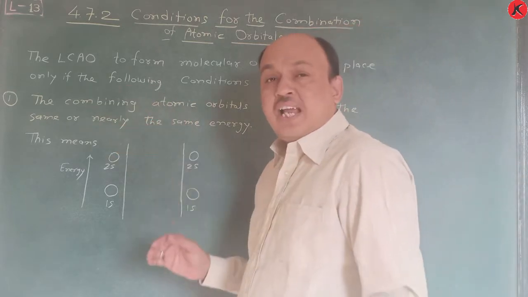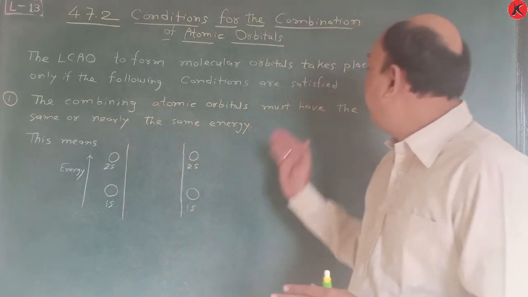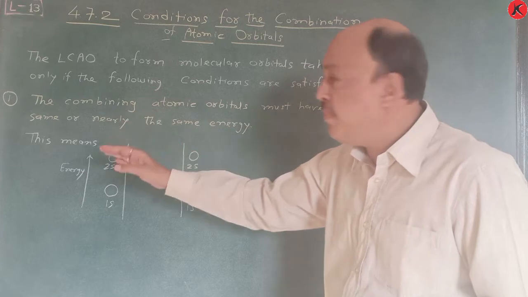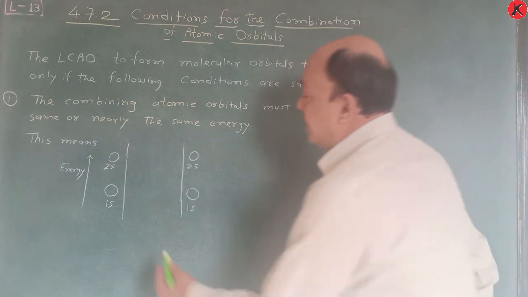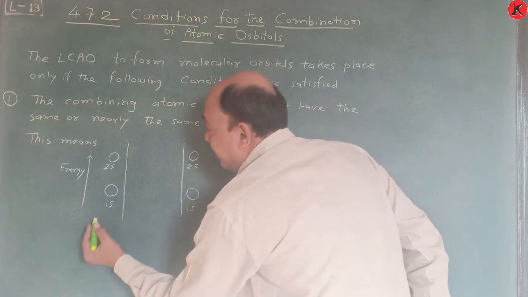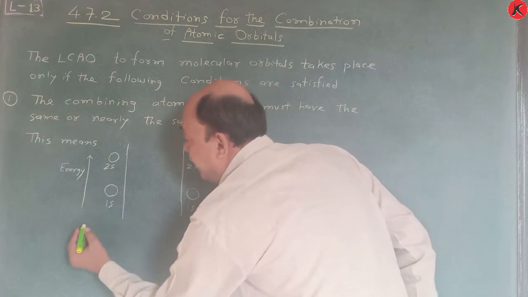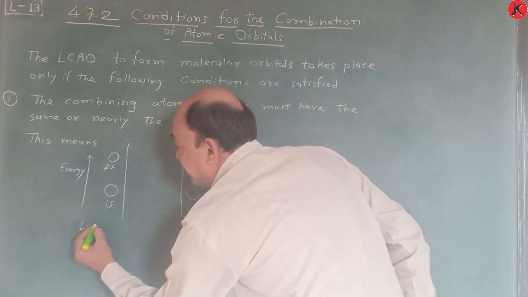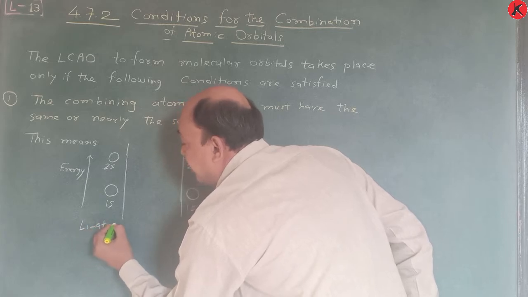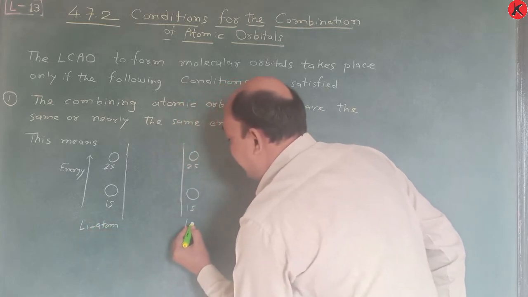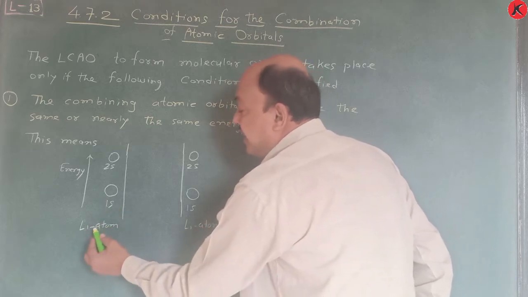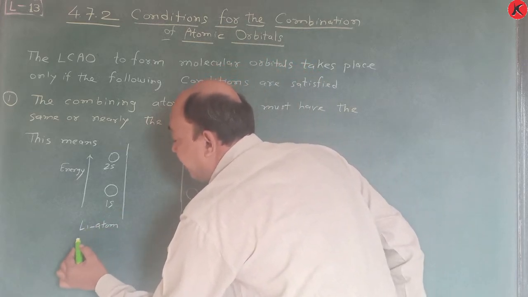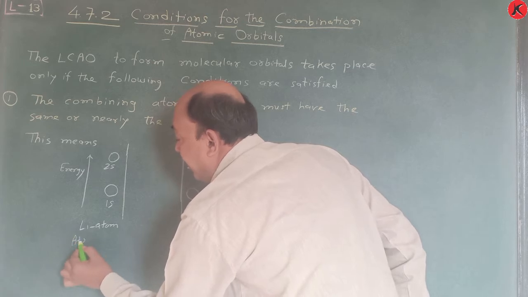The combining atomic orbitals must have the same or nearly the same energy. That means, you see, this is considered one lithium atom, and here also we have a lithium atom, and these are atomic orbitals of the lithium atom.